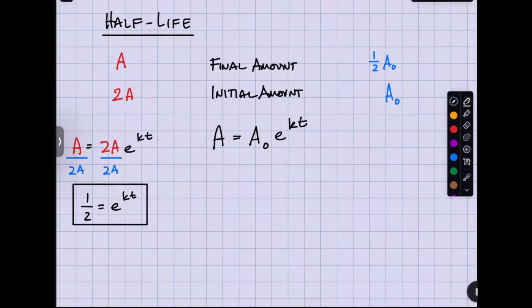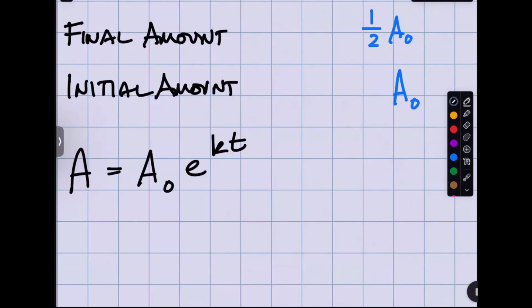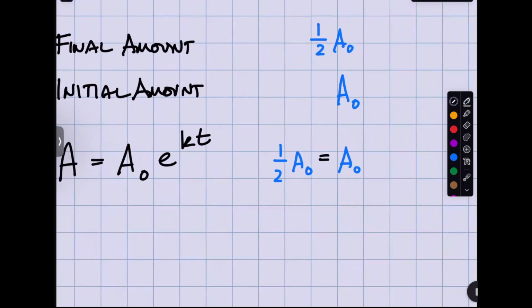Okay, let's plug this into the same equation. So let me see. The final amount is 1/2 A sub 0 is equal to A sub 0 e to the kt.